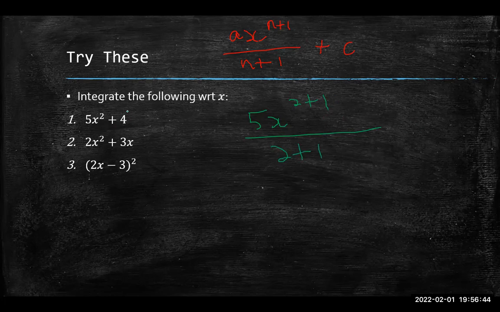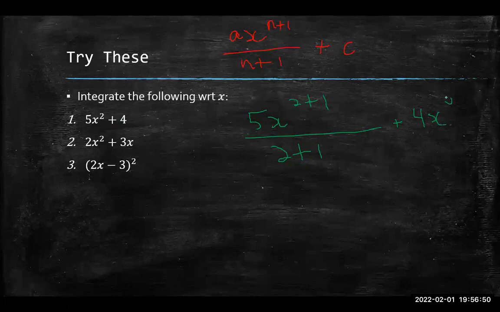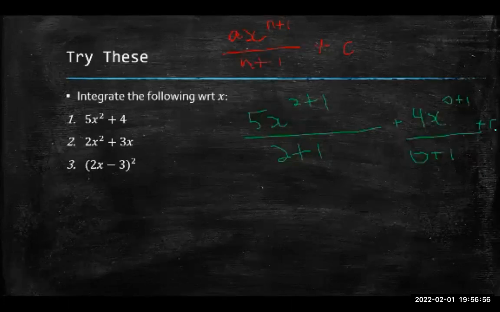But then I also have to integrate this 4, and I'll get 4x to the 0 plus 1 over 0 plus 1, plus c. This would simplify to 5x cubed on 3 plus 4x plus c.